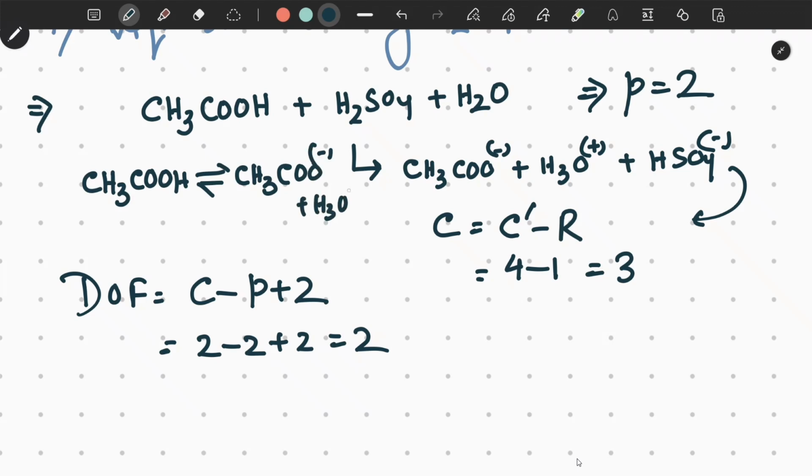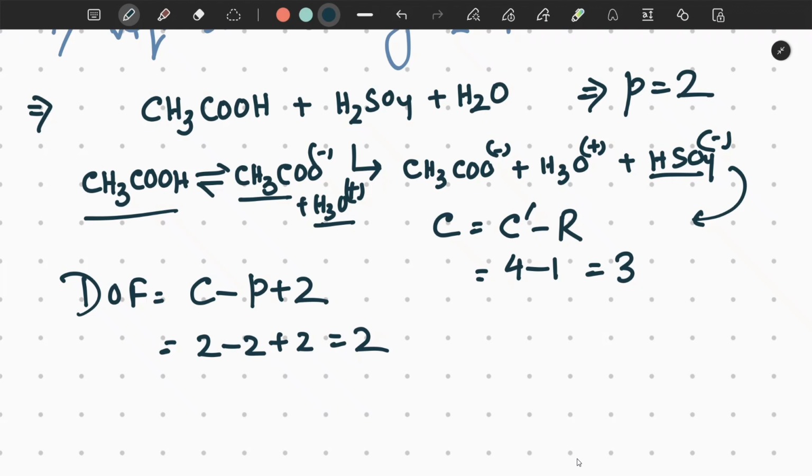Yes. So components will be 4. 1, 2, 3, 4. So you are considering equilibrium, but you are not considering CH3COOH. How can it be?